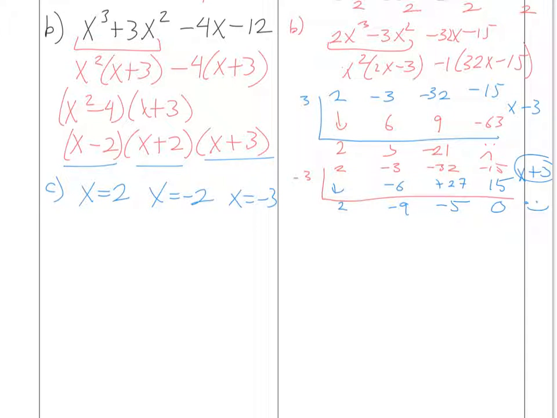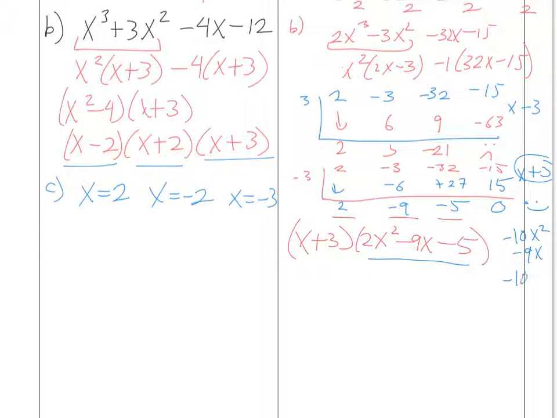As of right now, our factored polynomial looks like x plus 3, and this is going to be 2x squared minus 9x minus 5. And by golly, that looks factorable. I'm not going to factor with division anymore. Now I'm going to factor this as a quadratic. So a times c would be looking for things that are multiplied in negative 10 x squared and add up to negative 9x.